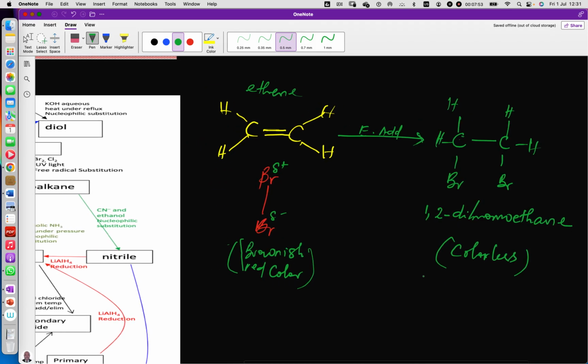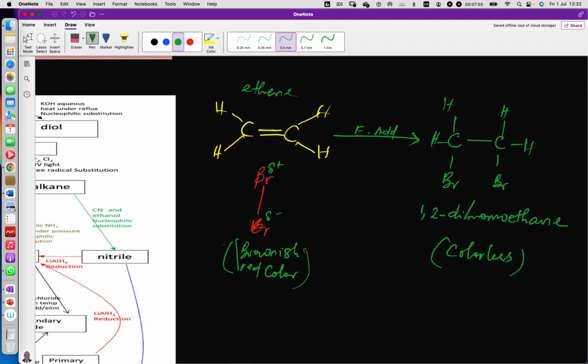So now, I said this is an alkene. An example of the alkene is ethene. When it reacts with a bromine molecule, because of the high density of pi electrons that are here, there is going to be an induction, or a partial positive charge is going to be induced here, and the opposite side is a partial negative.